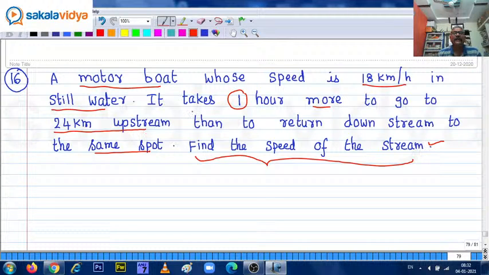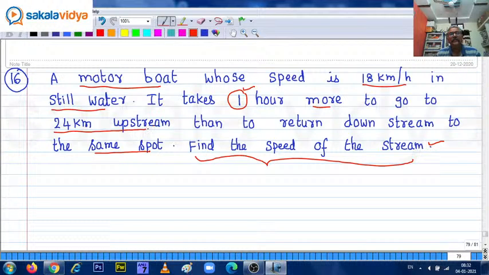So now the time taken to travel 24 kilometers upstream can be evaluated. Time is equal to distance by speed, so we get 24 by 18 minus x. In a similar manner, the time taken to return downstream is 24 kilometers upon 18 plus x. If you find the difference of the time, it is 1 hour difference, 1 hour more to go upstream.